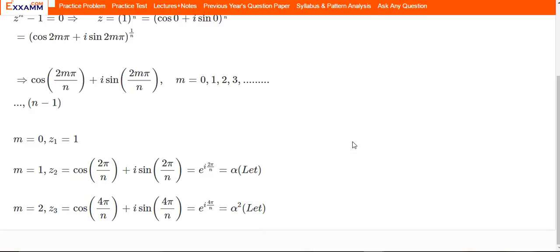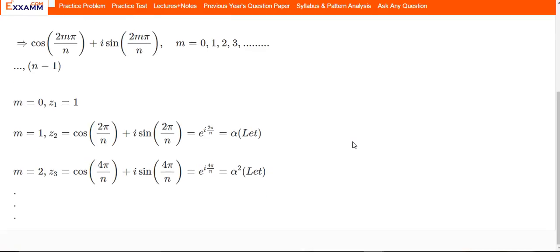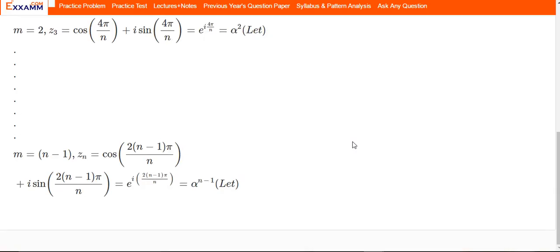Now for m is equal to n minus 1, what is the value? It is cos 2(n minus 1) pi upon n plus i sin 2(n minus 1) pi divided by n. So this is alpha to the power n minus 1.